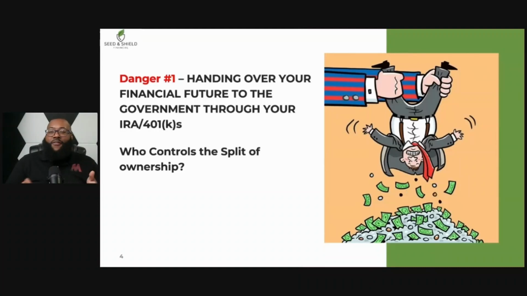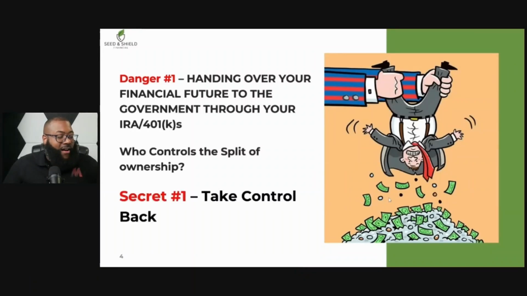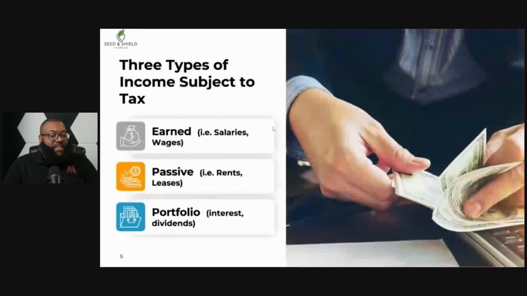So it's not like a firm agreement where they're saying, hey, you know what, Moses, when you retire, we'll take 10%. Literally, it's subject to their approval how much money they're going to take from your retirement. That doesn't sound like a good deal to me, right? The secret to this is that you can take control back, and we'll walk through those strategies, right?